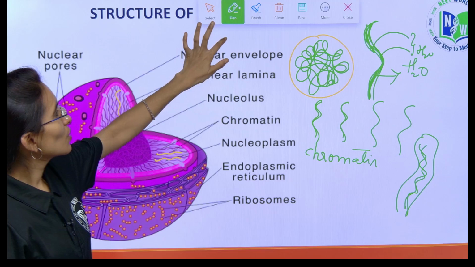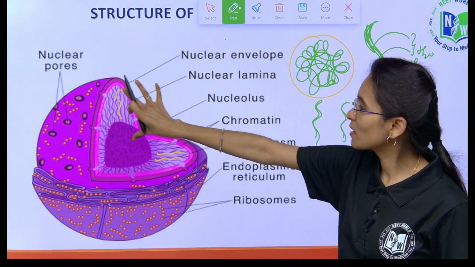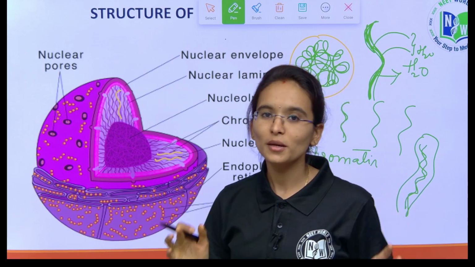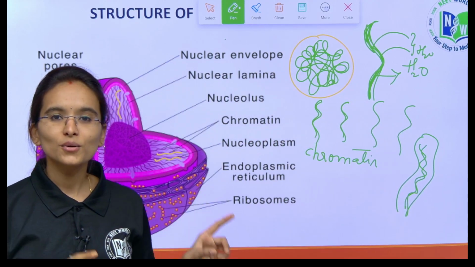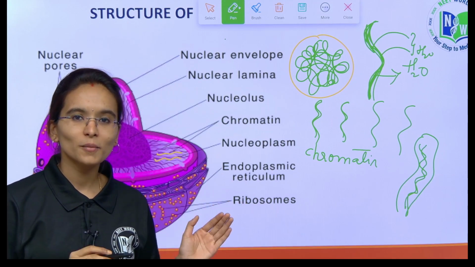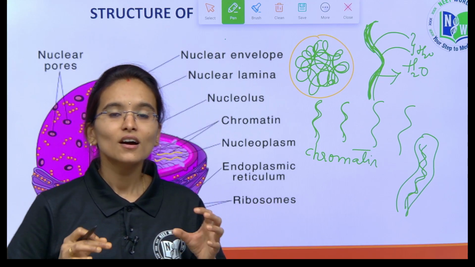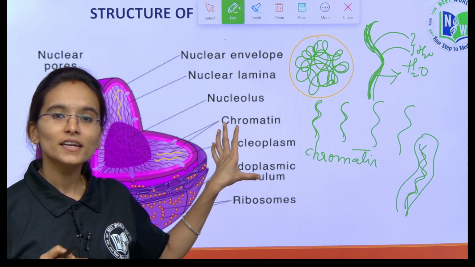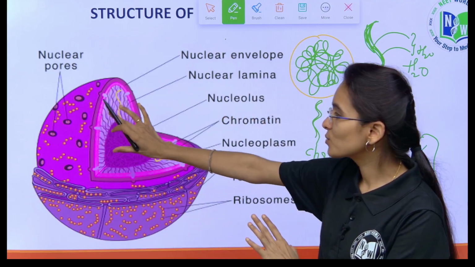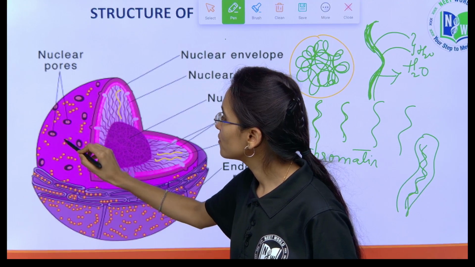Okay, so now once again let's have an outlook on the complete structure of the nucleus. See, the nucleus contains 4 important components: nuclear envelope, nucleolus, nucleoplasm and chromatin material. Nuclear envelope is made up of outer and inner membranes, which contain the perinuclear space, and from the external surface, the nuclear structure will appear rough due to the presence of ribosomes.